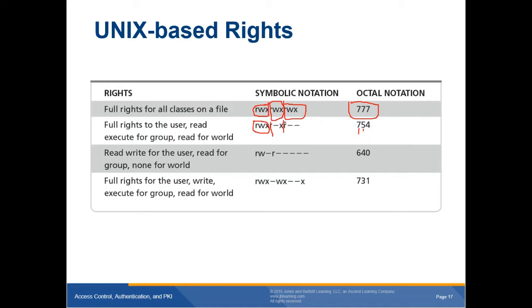The last group, which is the world, all they can do is read it. So that becomes the 4. 7, 5, 4. For this next one, read, write, no one has execute. This group has a 4, which means they can only read. And in this group, the world can't see anything. So that's how that comes together and how it works.